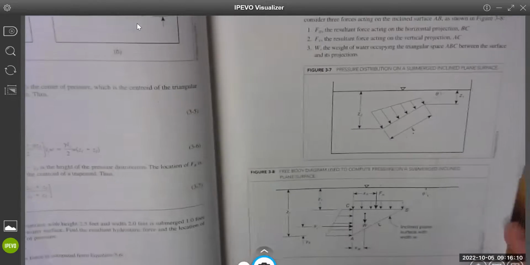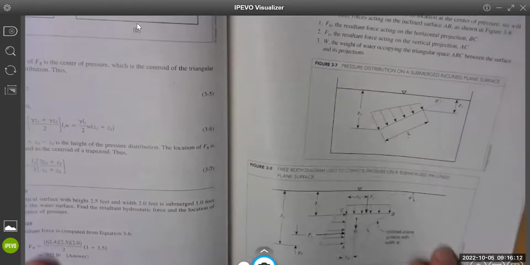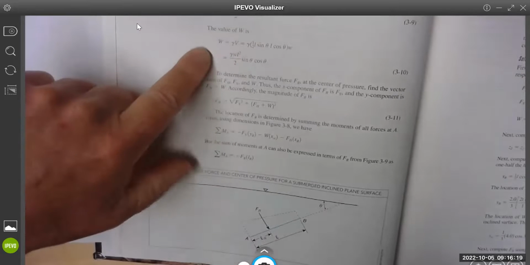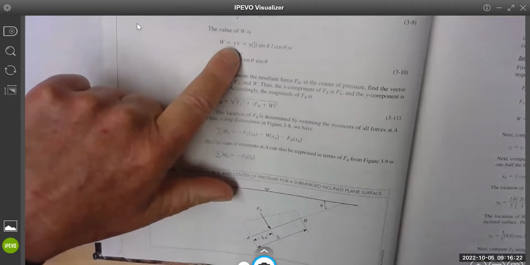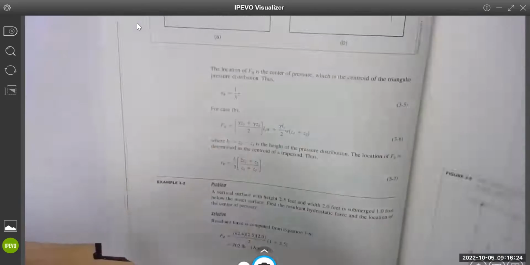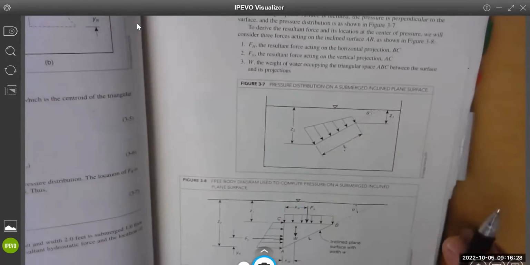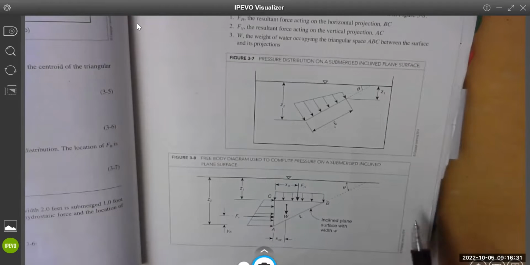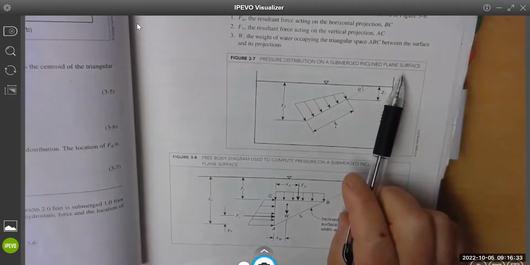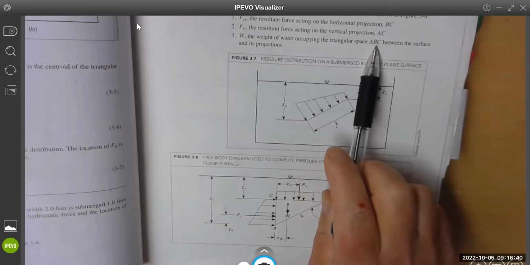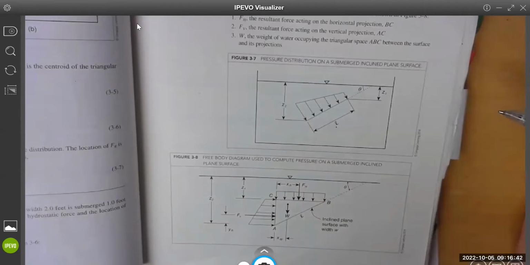I don't think we have W. Let's calculate W, just to see if it's different. Let's use their equation right there. How could it be different? It's going to be the same. So W is the weight of the water occupying the triangle space A, B, C. So ABC is that triangle.